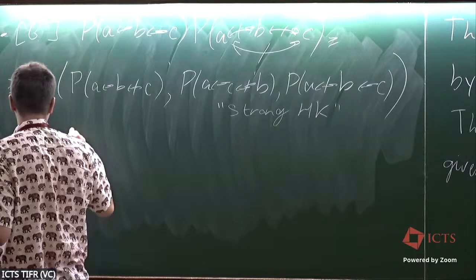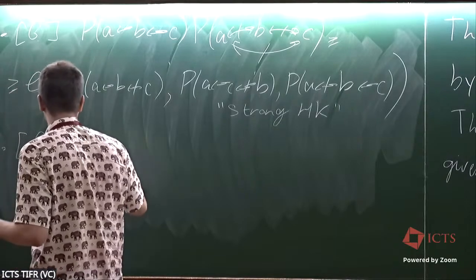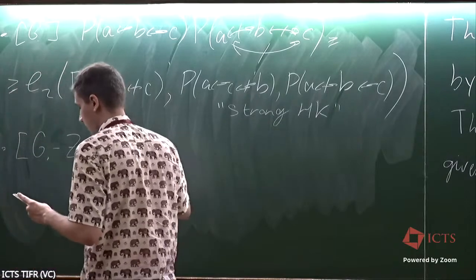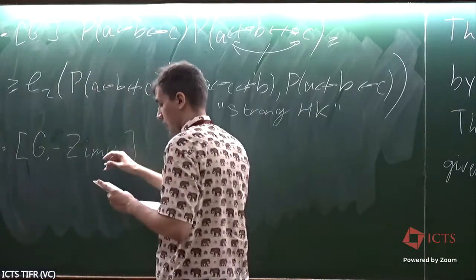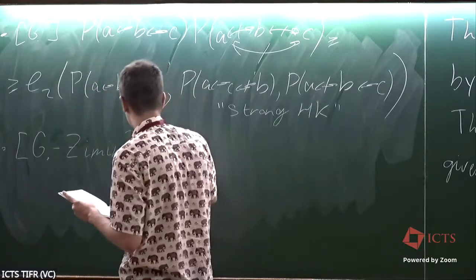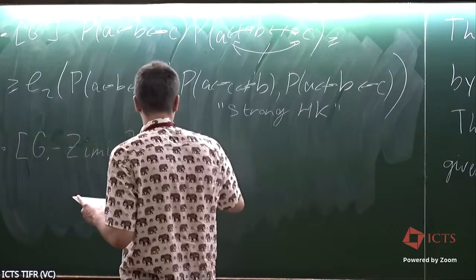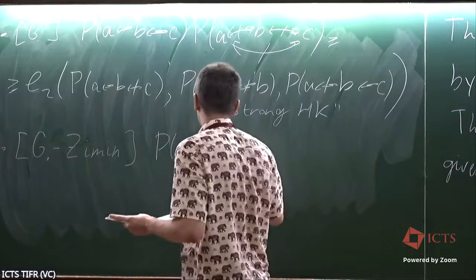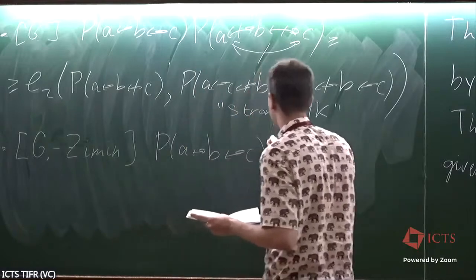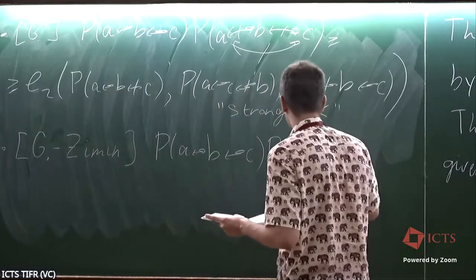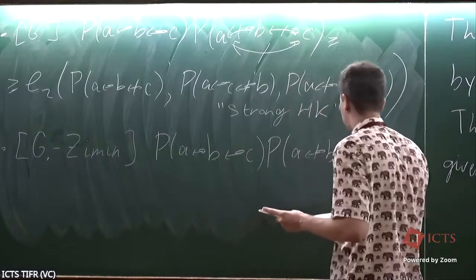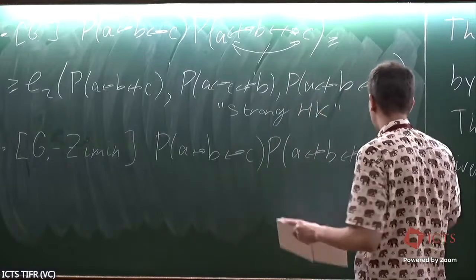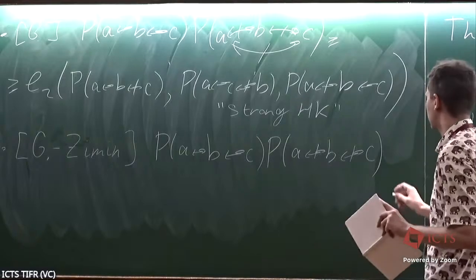Also, we can build an analog of universal tightness here with Alexander Zimin from MIT. We can say the same thing, or here we can even break the symmetry and say that we don't require A and C to be disjoint, it will still work.